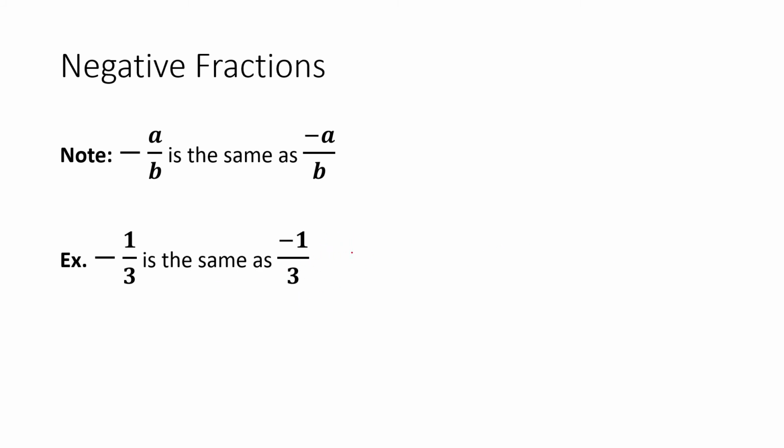Another one is negative 11 over 13. We can change that to negative 11 all over 13. So again, let me reiterate. Suppose we have a negative and a fraction, we can change that by pushing the negative to the numerator.